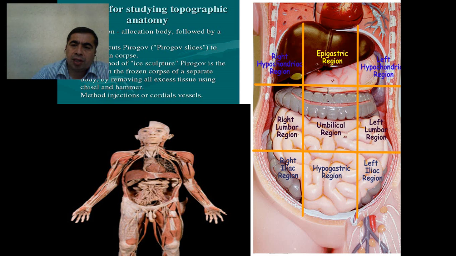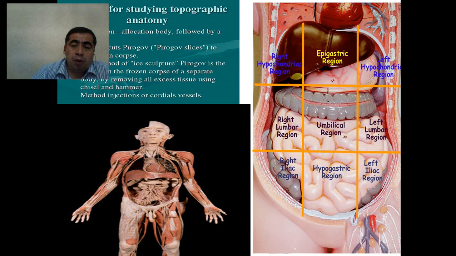You will cut the skin, you will cut the subcutaneous tissue. Also, you can cut and separate several muscles because you are interested in this nerve, the median nerve. But in topographic anatomy, it's not enough.